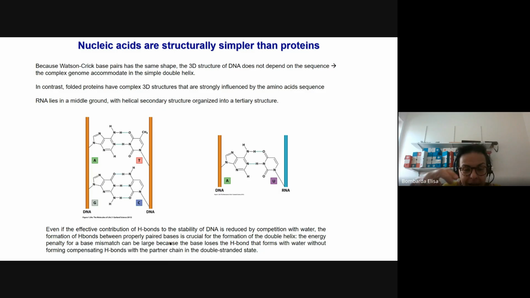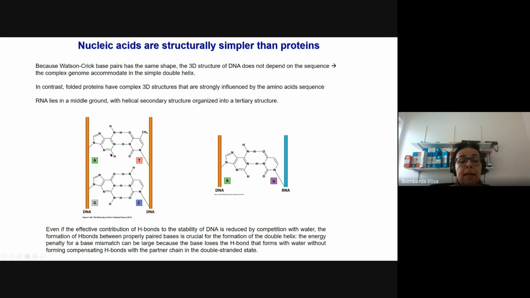So, of course, the double helix is the structure that is most common. It's not completely true what I'm saying, you will see, in the sense that there are also different structures in nucleic acids, but let's say the variety is less than in proteins. And then these hydrogen bonds, the so-called Watson and Crick base pairing, are really extremely important for structural purposes and stability also.